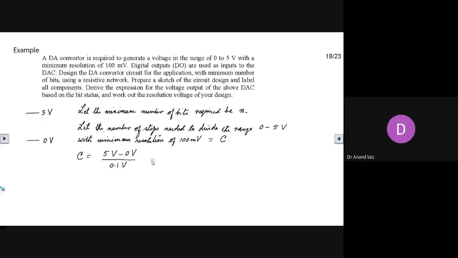So this is going to be equal to 5 divided by 0.1, which is 50. I hope all of you agree to this. So we require 50 steps.